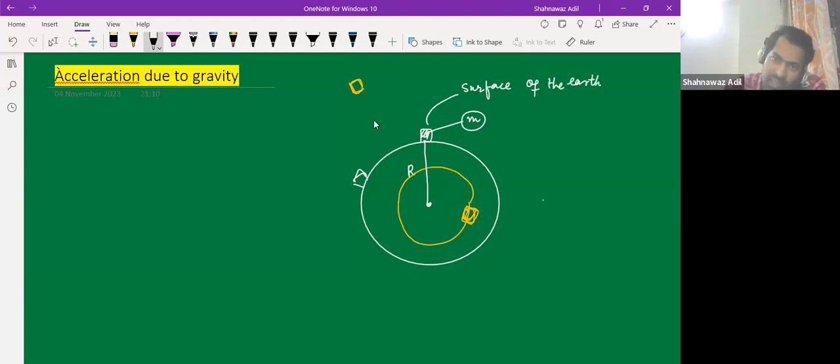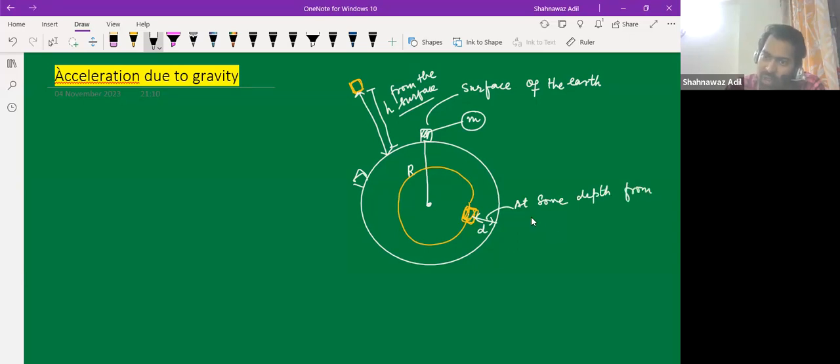This is at some height from the surface. And then we have this one. So let's say this is R, and this is at some depth from the surface.